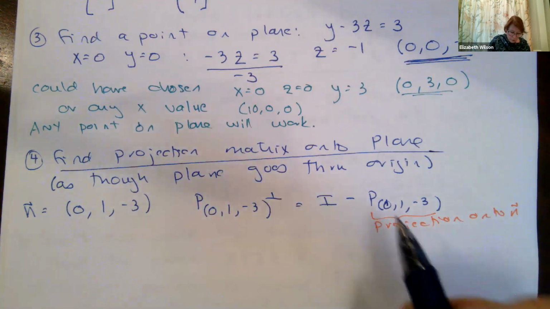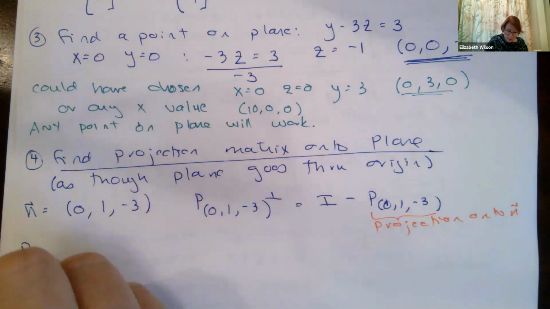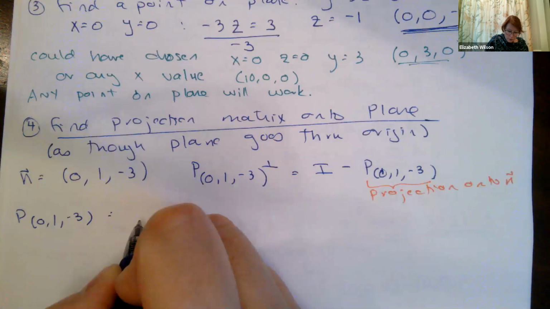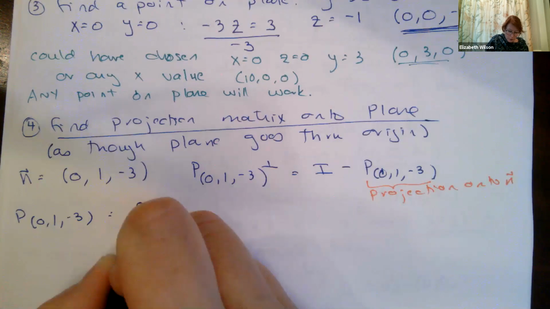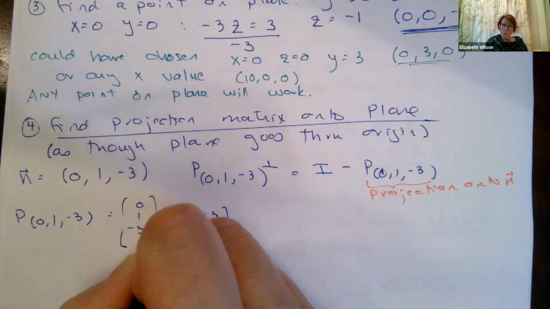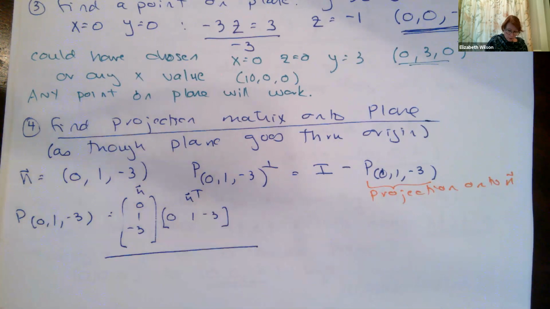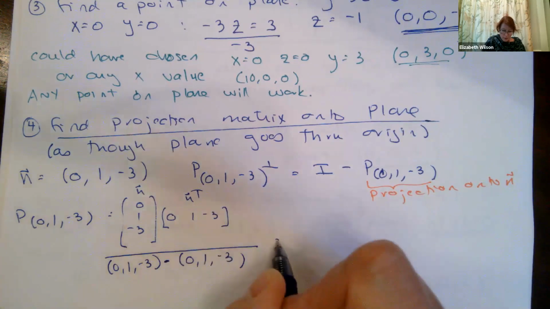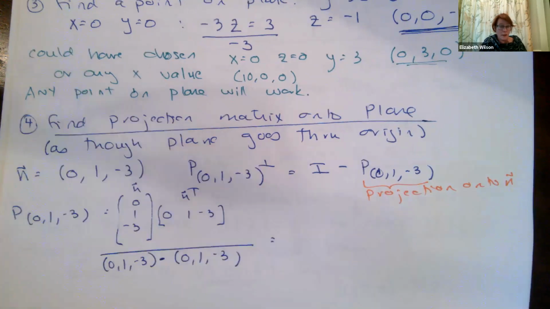0, 1, -3. So I'm going to project onto the normal. That's this part right there. How I do that is I do the normal times the normal transpose, divided by the normal dot normal, 0, 1, -3 dot product with itself. Remember, this is a 3 by 1, this is a 1 by 3. This is going to give you a 3 by 3 matrix.